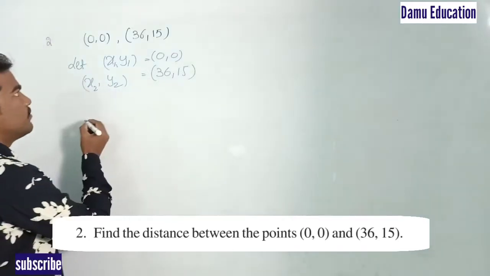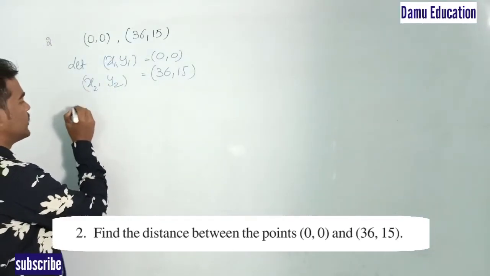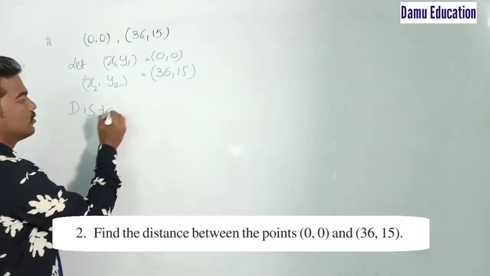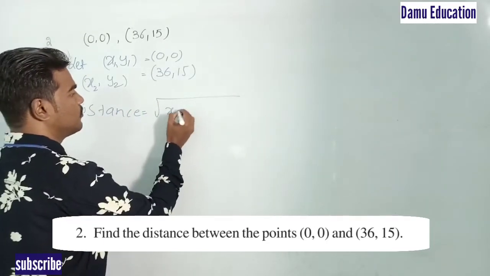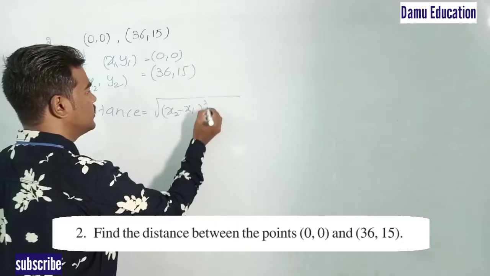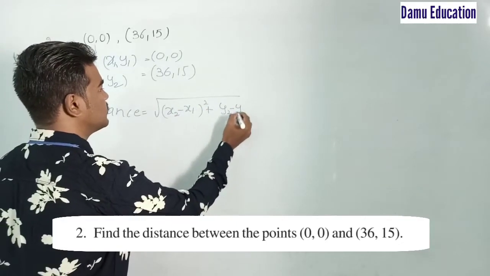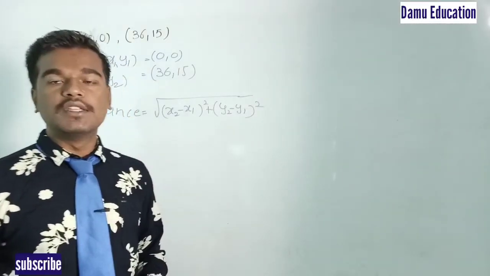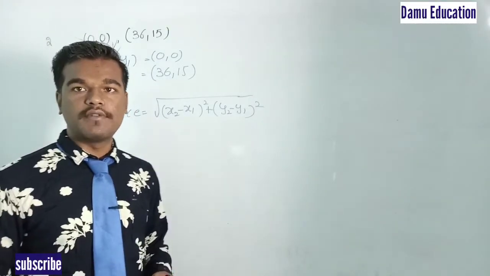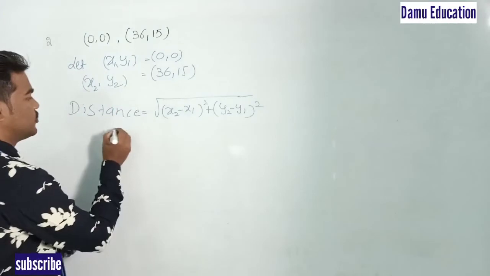What is the formula here? Let's take the distance. So distance will be equal to square root of (x2 minus x1) whole square plus (y2 minus y1) whole square. This is the formula in order to substitute the values. So let's substitute here.